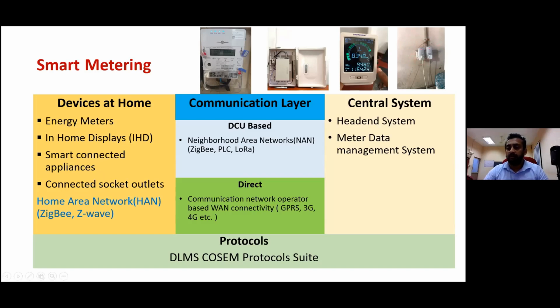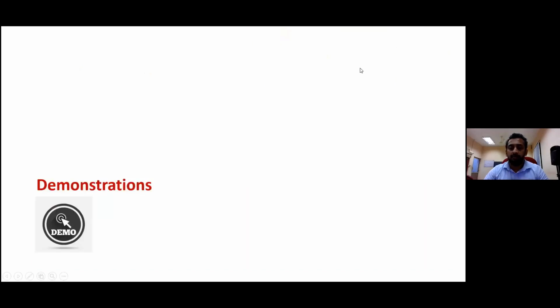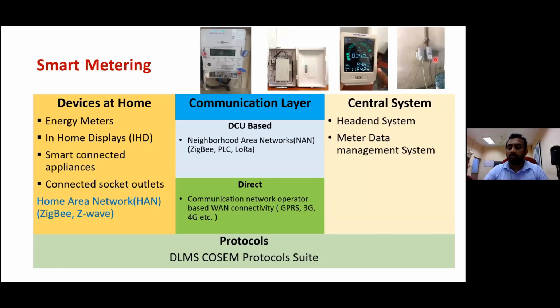We can plug them into the normal 13 ampere socket outlet, and on this device we have the facility to connect our loads. They support monitoring the load as well as disconnecting the load, so that the utility can, with an agreement with the customer, limit the loads and monitor the loads.